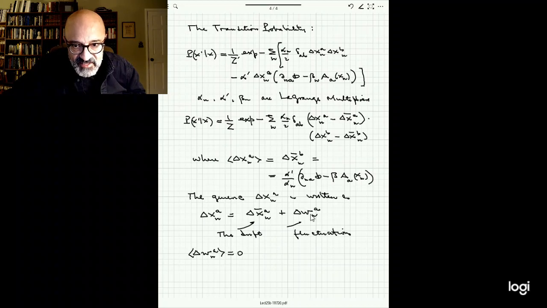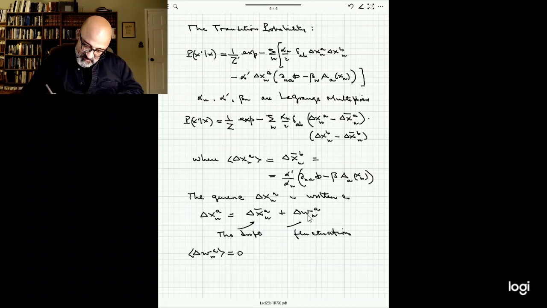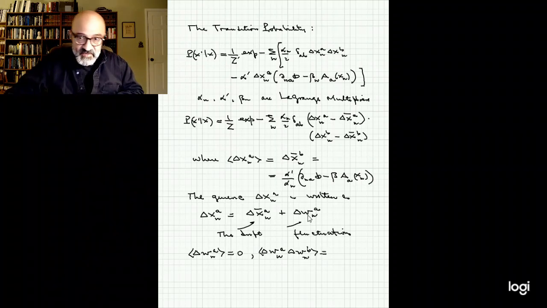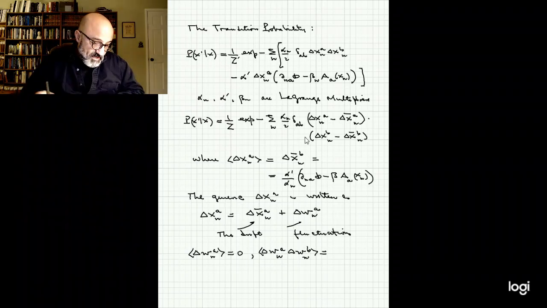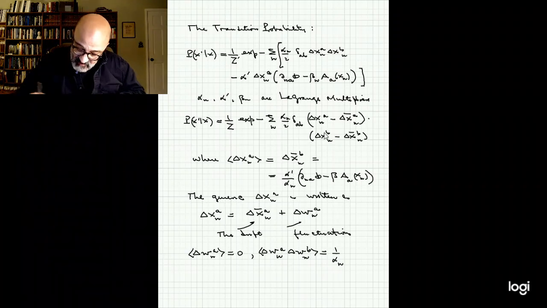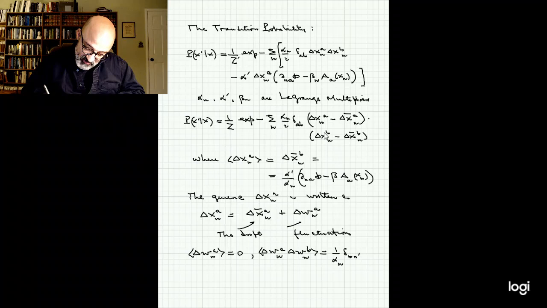This equals that. Whatever that is has to vanish in average. And the actual fluctuations then are given by the correlation function. And it's a matter of computing from here. And it's just going to be 1 over alpha n. This n and n here are the same. So there is a delta n n prime. If I put a prime here, that makes it neater. And delta a b.